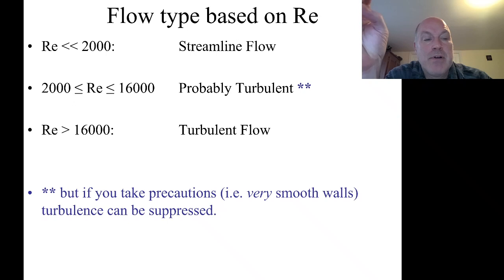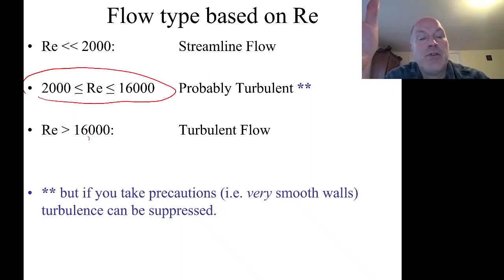If that number is higher than 16,000, it's definitely going to be turbulent flow. There's going to be this intermediate region between 2,000 and 16,000 where we're going to say probably turbulent, or eventually it's going to become turbulent. Okay? And that's how it is.